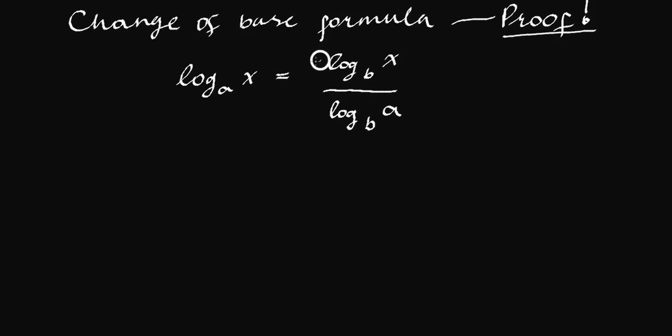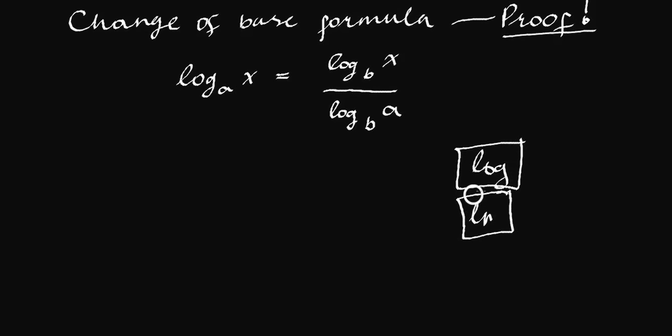The reason that, first of all, this formula was created is because if you look at your calculator, or any calculator, usually what you have is just a log button, right? It looks something like just a log button and a natural log. There's no log base 3 or base 4, base 6.